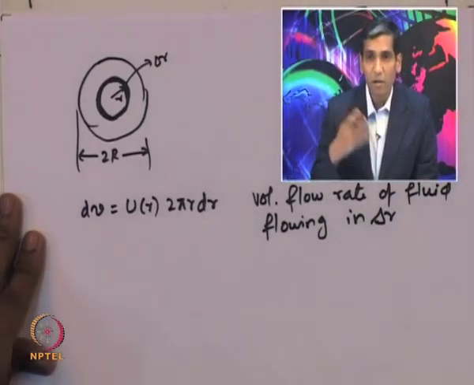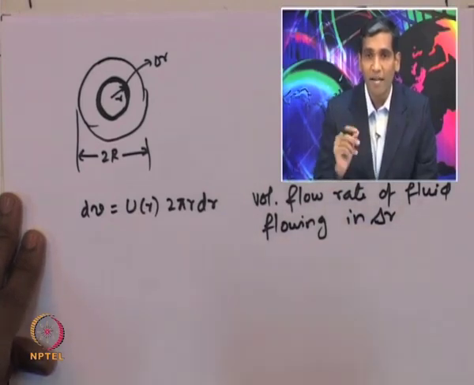Now, what is the fraction of the total fluid that flows through that small element delta r?